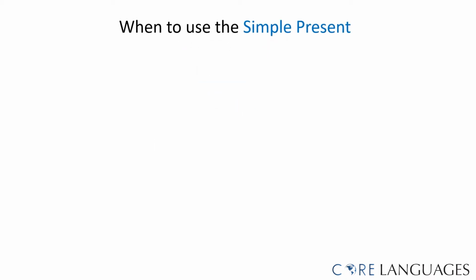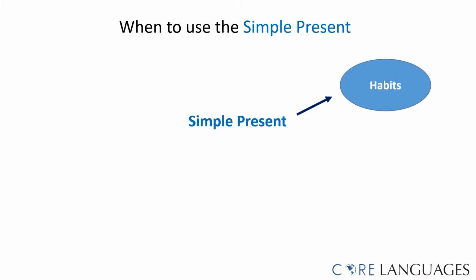It is important to understand when it is appropriate or correct to use the simple present. We use the simple present to talk about habits or things we do over and over. For example, she drinks coffee every morning.